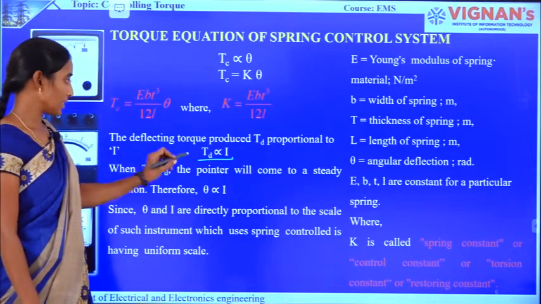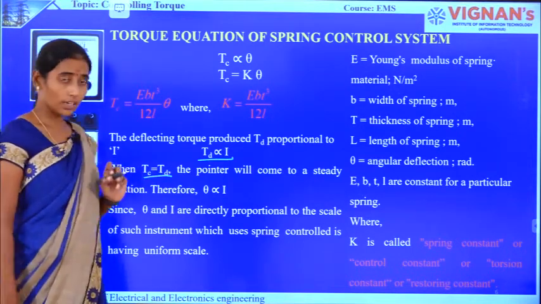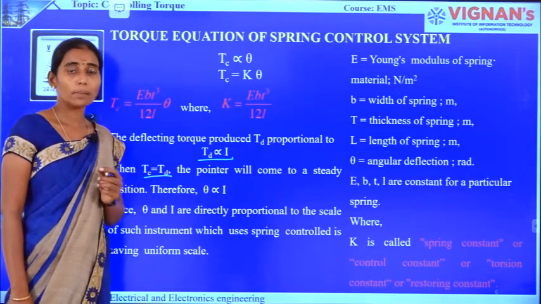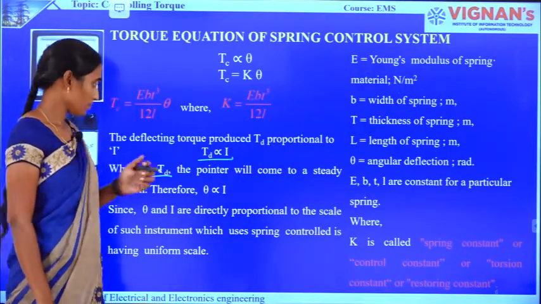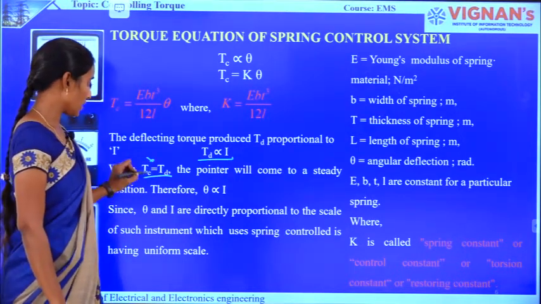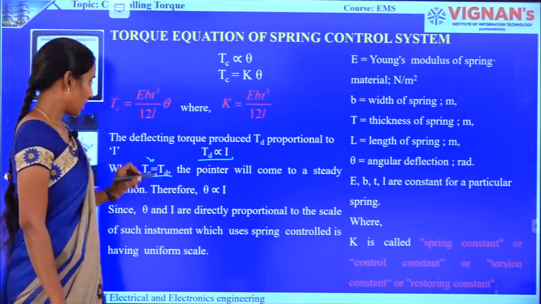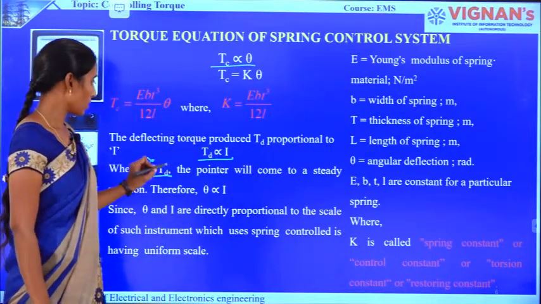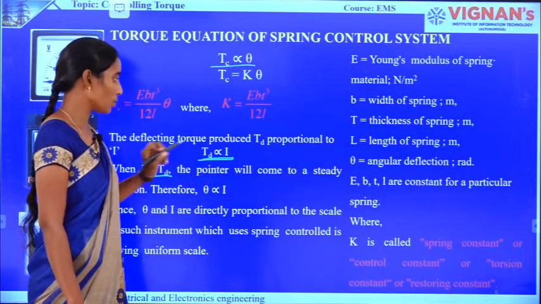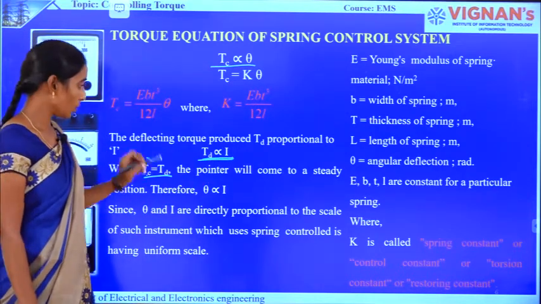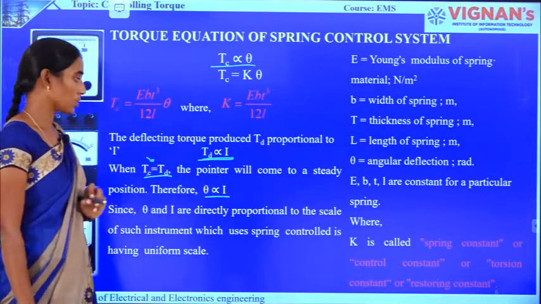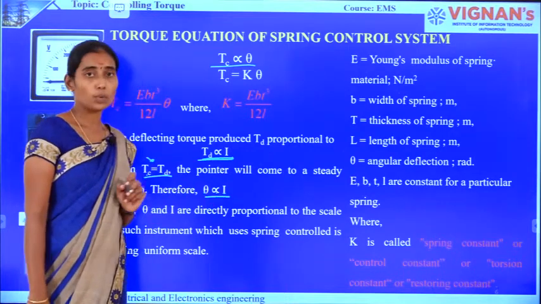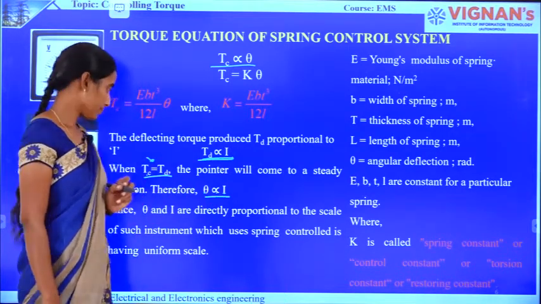But we have already discussed that when the deflecting torque is equal to the controlling torque, the pointer shows the steady value, so that we can measure the quantity to be measured. So, under steady state conditions, the controlling torque is equal to deflecting torque. That means, since the controlling torque is directly proportional to angle of deflection and your deflecting torque is directly proportional to current flowing through the conductor, you can get theta is directly proportional to I. That means, the angle of deflection is directly proportional to the unknown current to be measured.